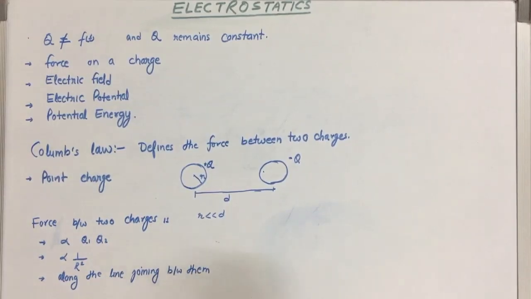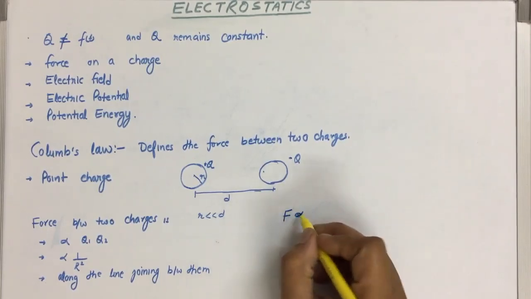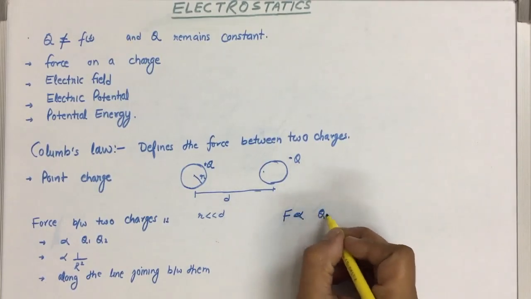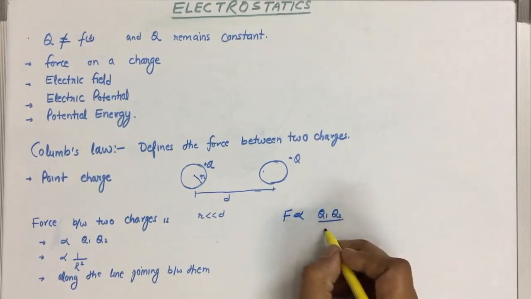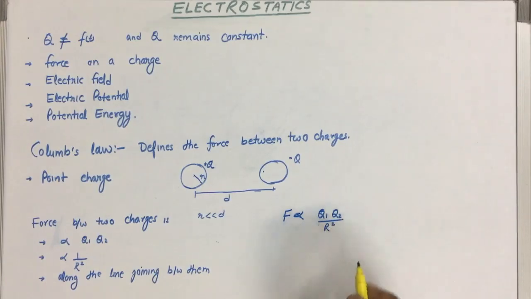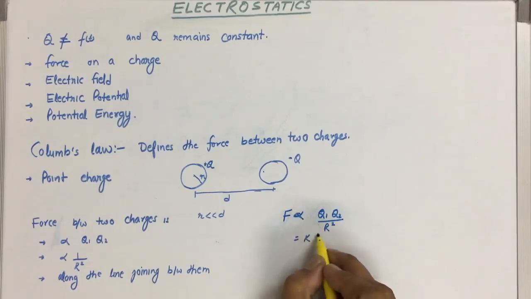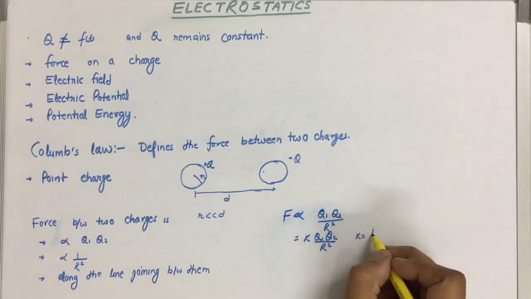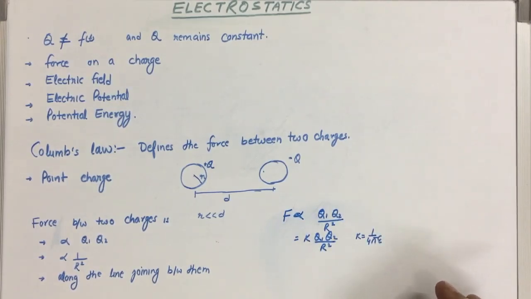On the basis of this, force between two point charges can be written as proportional to the multiplication of the charges divided by the square of the distance between them. And to remove the proportionality, a constant k is placed here, and this constant is equal to 1 by 4 pi epsilon for any medium.